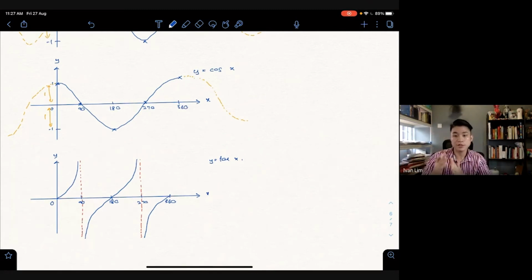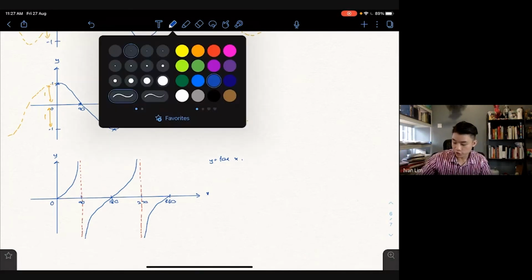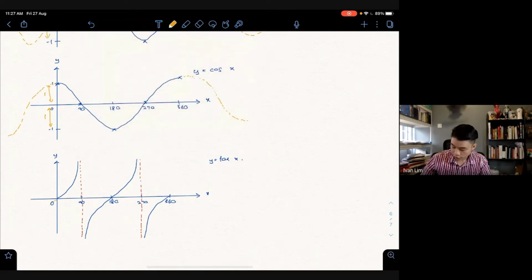If we extend beyond 0, that means the negative side, and beyond 360, your graph will actually repeat this shape over and over. What does this shape look like? Like a nice curve, right? So this curve keeps on repeating over and over again.